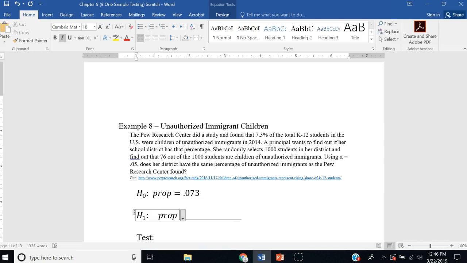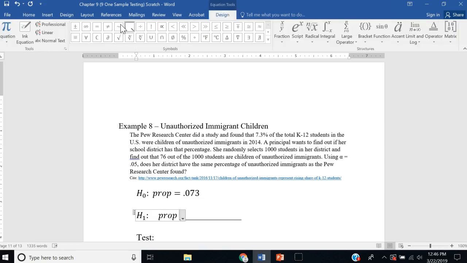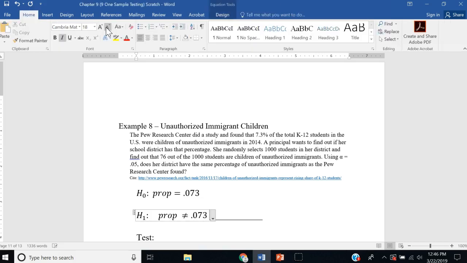So the proportion not equal to 0.073 is going to be my alternative hypothesis. All right. Again, if you put mu equals 0.073, that's going to be counted as incorrect when you do that on a test.